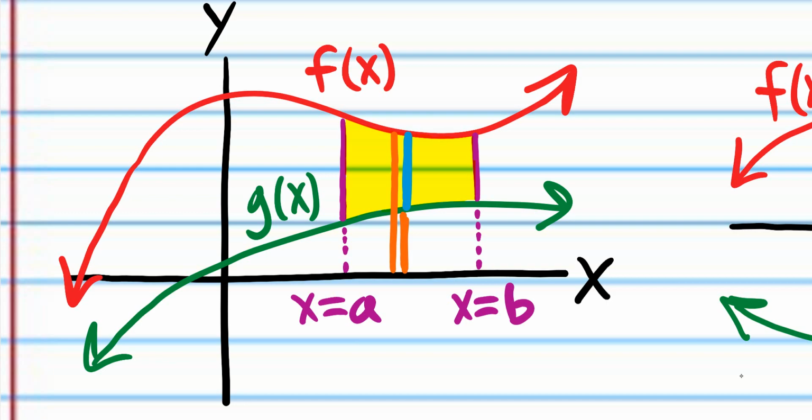And so if we find that blue length by subtracting g of x from f of x, that blue length can be considered the height of a rectangle. And we just add up a bunch of rectangles just like we do in the previous parts of the course. We just integrate from A to B, finding the areas of all those rectangles. So that's why this works.